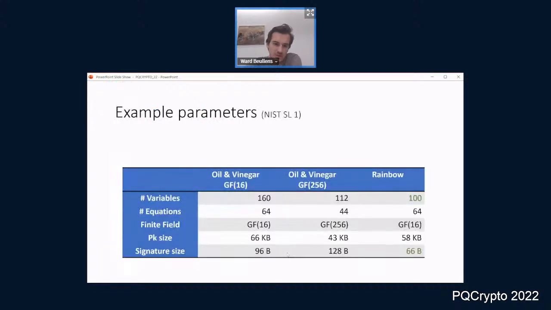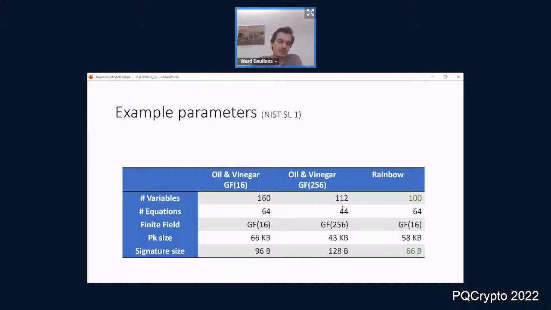But first, some parameters. The first two columns are the oil and vinegar that I talked about earlier, and Rainbow in comparison is a little bit more efficient. The signatures are only 66 bytes instead of 100 or 120 bytes. Also the number of variables in your system is a little bit smaller: it's only 100 versus 160.